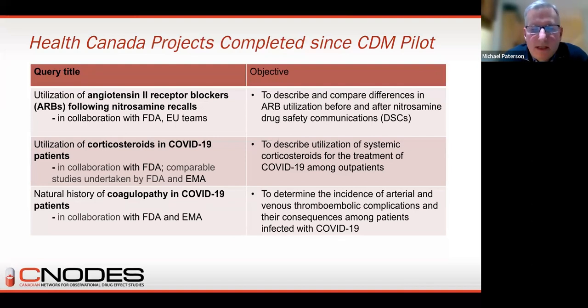One focused on the use of corticosteroids in mild cases, outpatients with COVID. That was undertaken in Canada and the US. And then the final study that we've just wrapped up is a study of coagulopathy in patients with COVID, both in the inpatient setting and the outpatient setting, and that was across the 3 continents. Next slide.